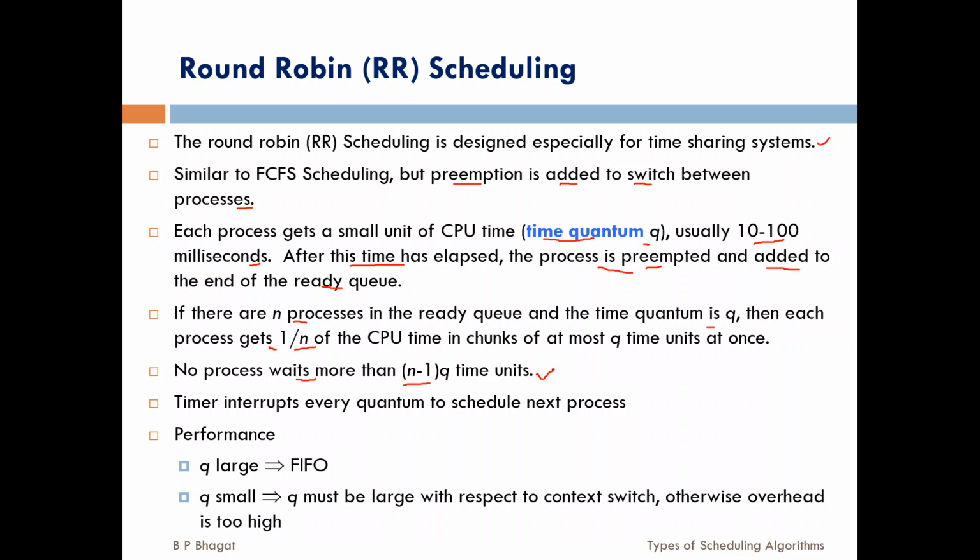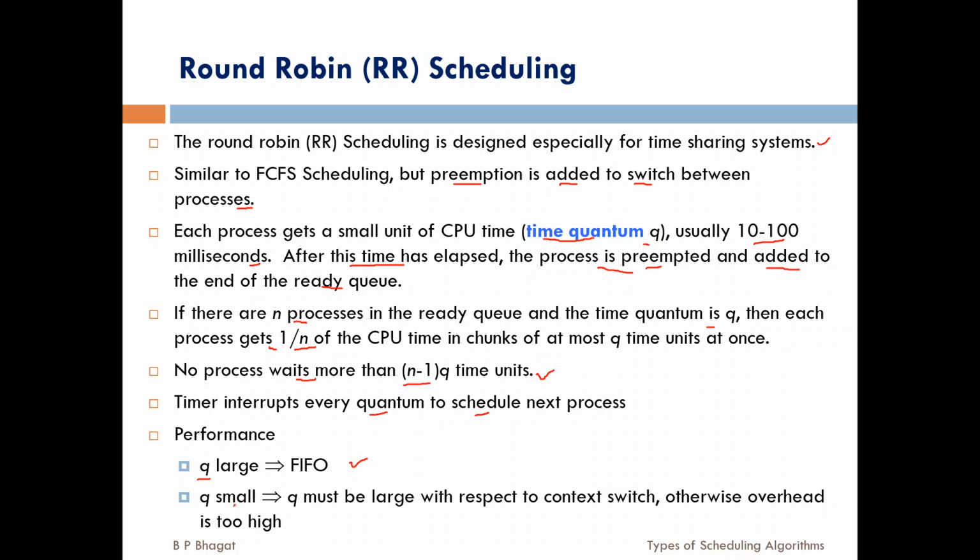A timer interrupts after every quantum to schedule the next process. Now the performance related issue: if our time quantum q is very large, then round robin will work as first come first serve, that is, a FIFO queue.